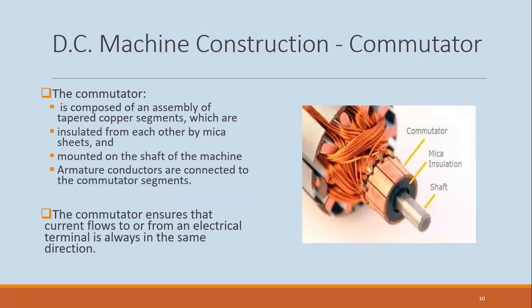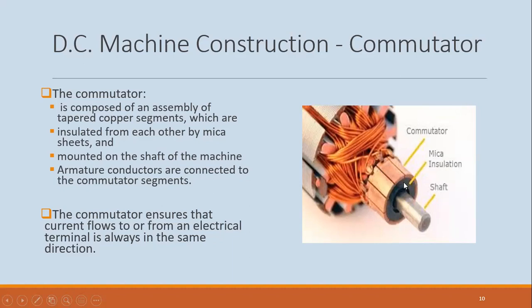This is how the commutator is constructed. So yes, it's composed of copper segments, sorry, which are insulated from each other. And the insulation would be mica.